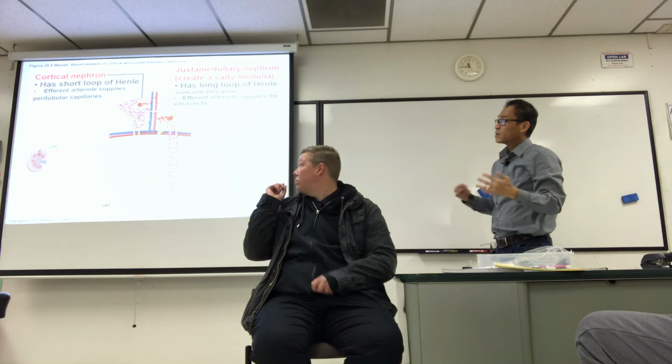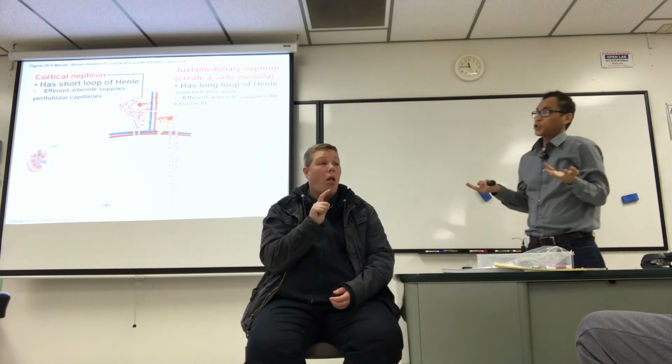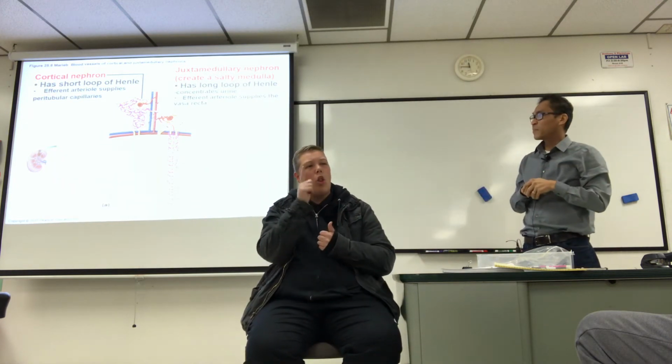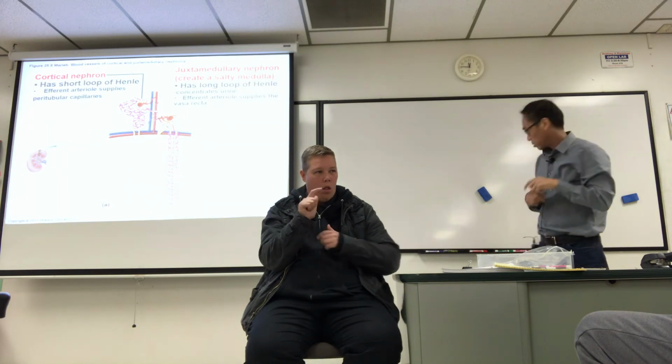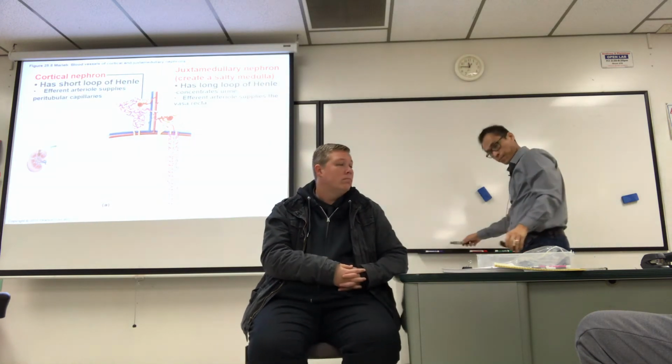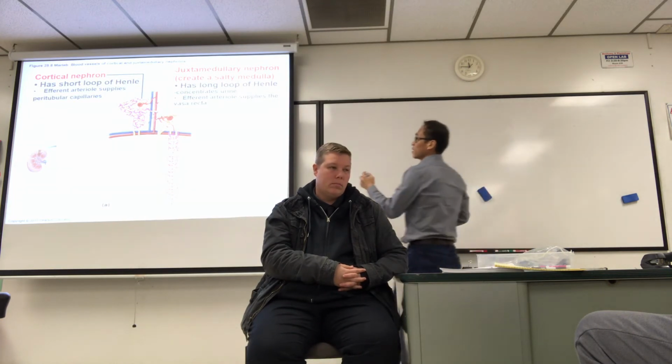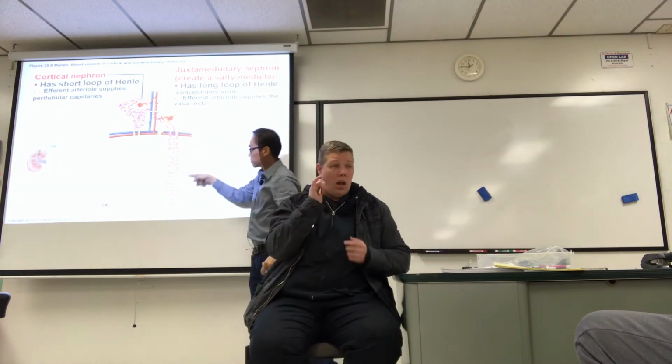So I have them here, cortical nephron. Well, you tell me, which one looks shorter? Cortical or juxtamedullary? Corticals are shorter. Look how long the loop of Henle is on the other one.